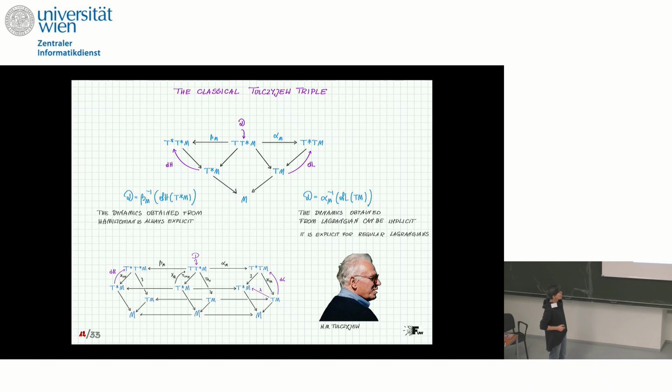How do we produce the Legendre map? I mean, the correspondence between velocities and momenta. We take the differential of the Lagrangian and we project with the other projection from the double vector bundle here. And if this map is one-to-one, then the image of this section is also an image of some section here.